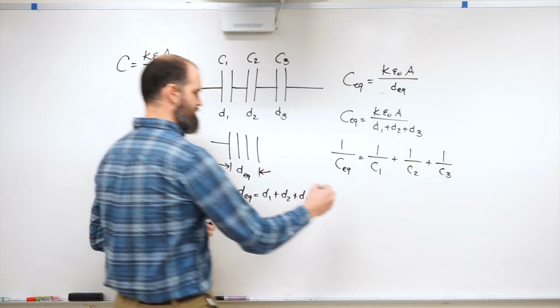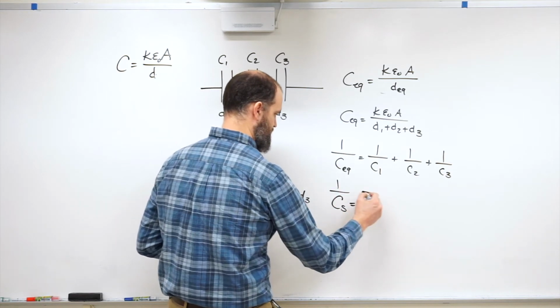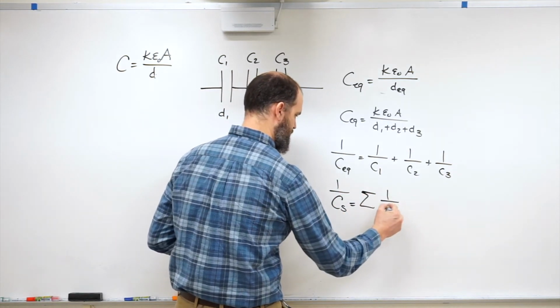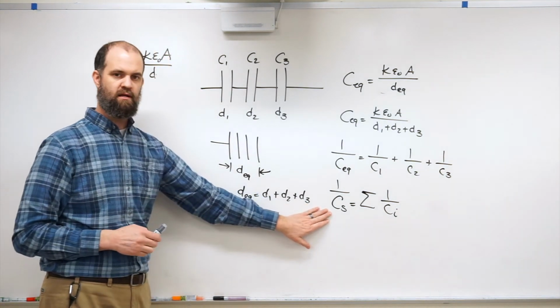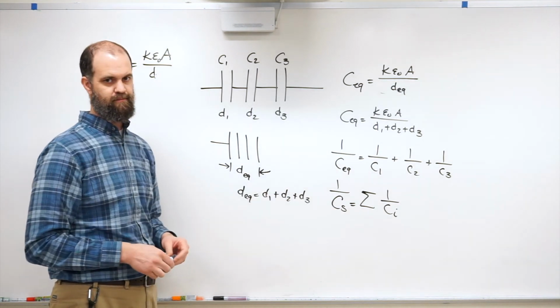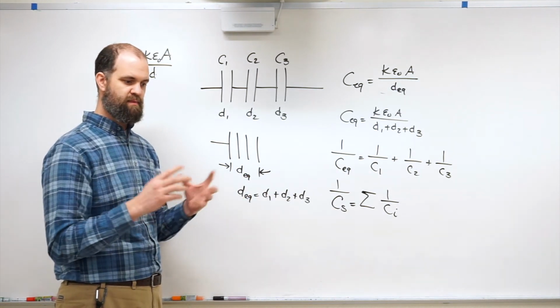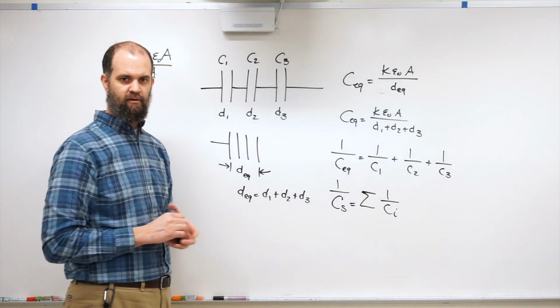And so for series capacitors, 1 over the equivalent capacitance is equal to the sum of 1 over the individual capacitances. And the same rule applies for parallel resistors. This is for series capacitors. So capacitors and resistors add up in exactly opposite ways than you might expect.